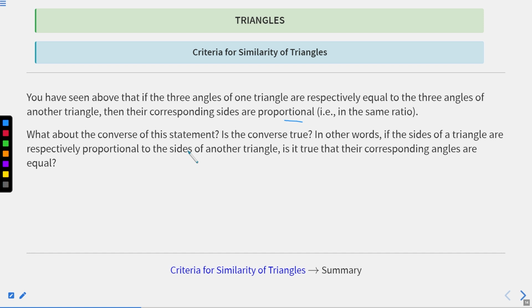Okay, that means if the ratio of their corresponding sides is the same, then it implies the three angles of one triangle are respectively equal to the three angles of the other triangle. So, in other words, if the sides of a triangle are respectively proportional to the sides of another triangle, is it true that their corresponding angles are equal?